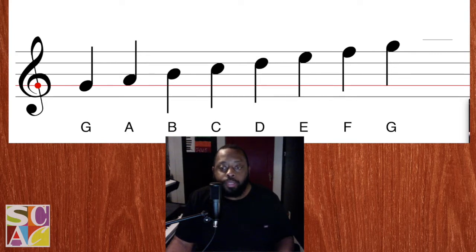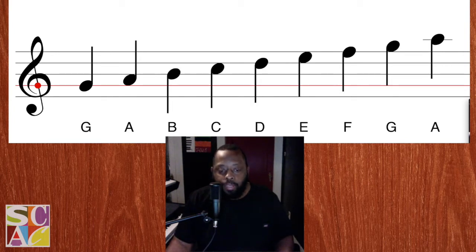Now, as you can see, this line is not as long as the rest of the lines. That's why it's called an extension. Now let's place a note on that line. Now, where your hand is, where you stopped, play one more note, and that's A, and that's how it looks on the staff for the treble clef.